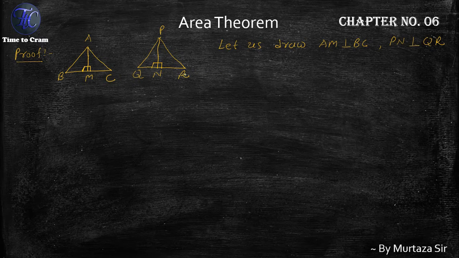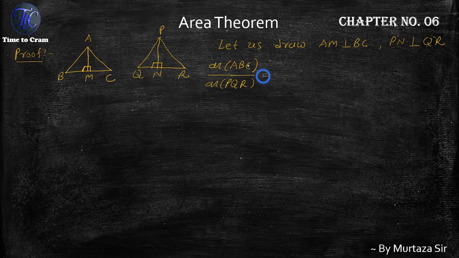Now using this we can take the area of these triangles. We have to prove the ratio of the areas, so we write area of ABC upon area of PQR.